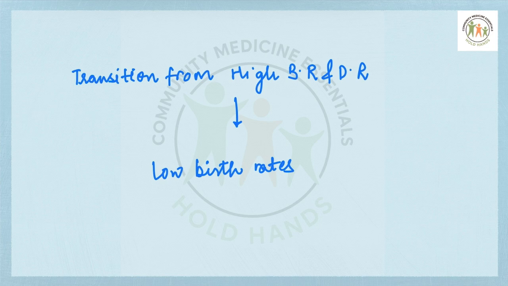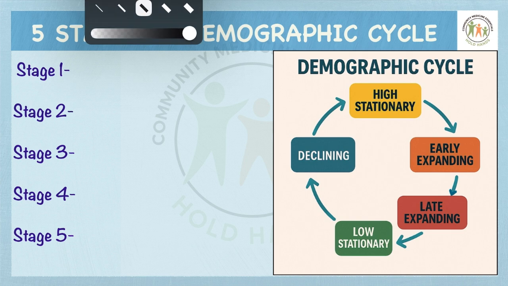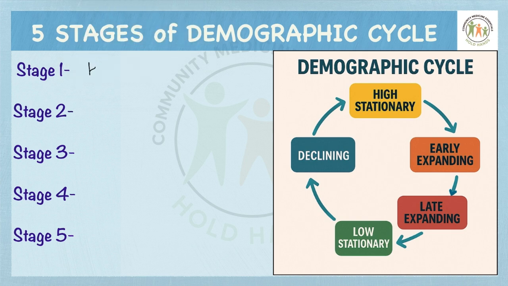There are 5 stages in this cycle. Stage 1 is high stationary. Then stage 2, early expanding.